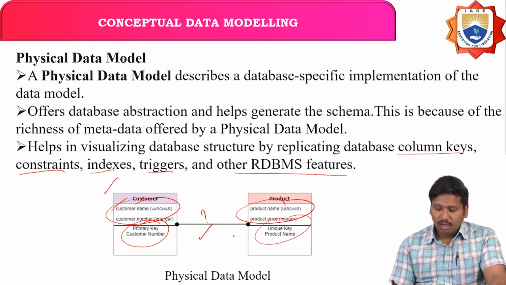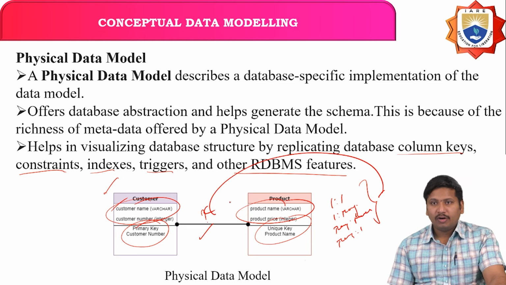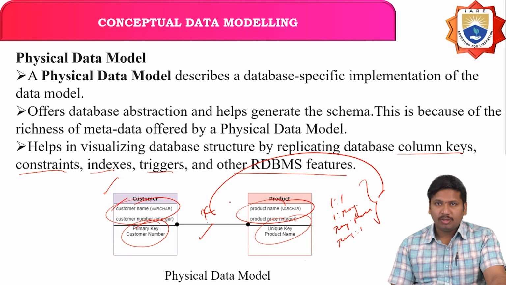Whether it is a one to one relationship, a one to many relationship, a many to many relationship, or a many to one relationship, the type of relationship to be established between them has to be defined.